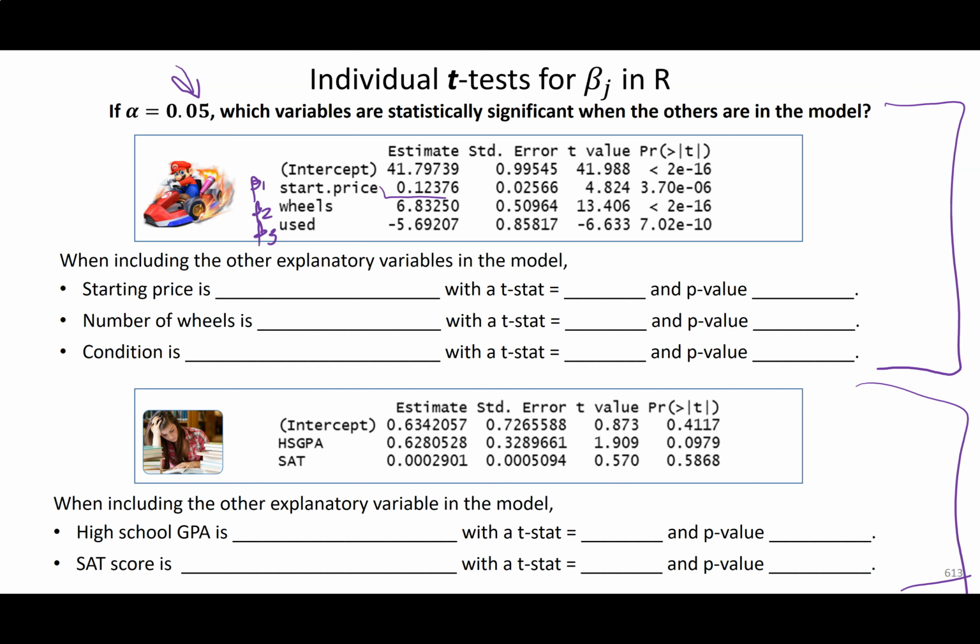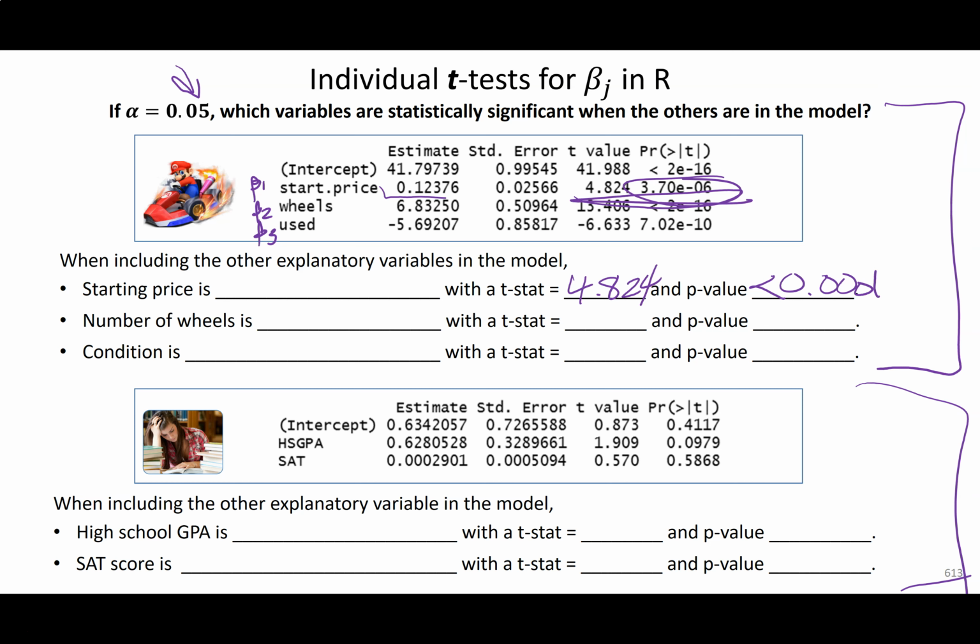So starting price, looking here. Here is my t-statistic. So I have a t-statistic of 4.824 and a p-value of 3.7 times 10 to the negative 6. That's tiny. So I'm going to say it's less than 0.0001.